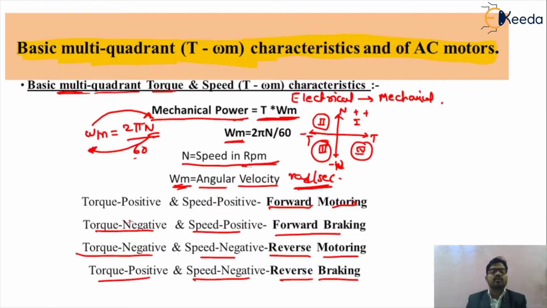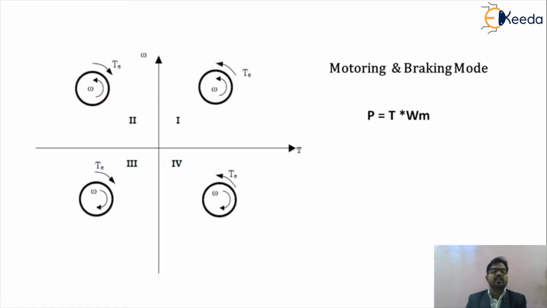Now we can understand this operation in concern with your AC motor. This will be the quadrant of operation of your drive. Friends, this is the first quadrant, called the forward motoring mode. In forward motoring mode, both torque and speed are in the same direction, meaning both are positive.